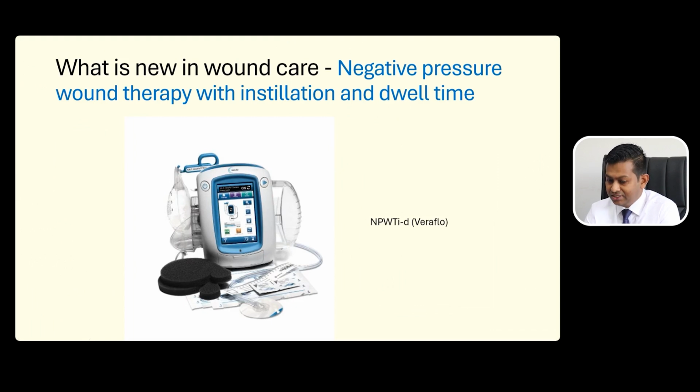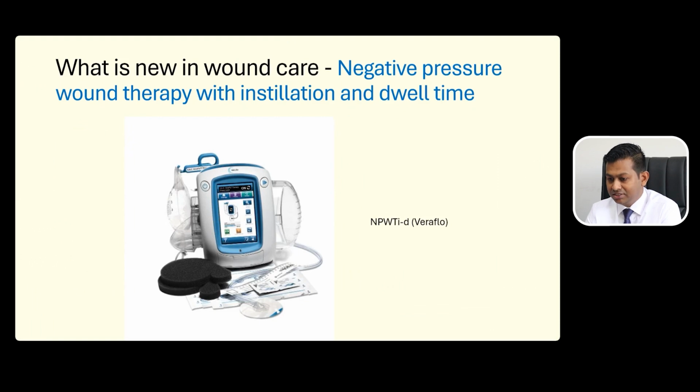So whatever local factors are accumulating in the wound bed get diluted, and then they come off with the suction. It's proven that this further speeds up wound healing compared with negative pressure alone.